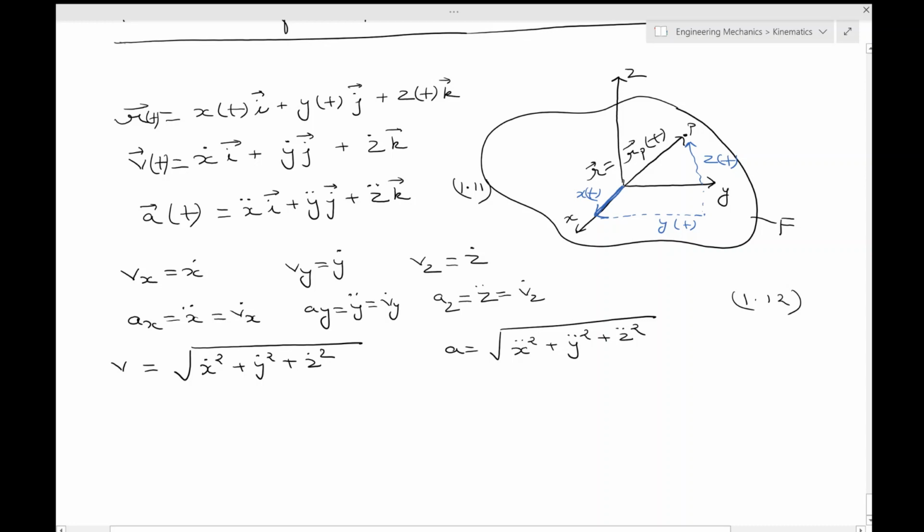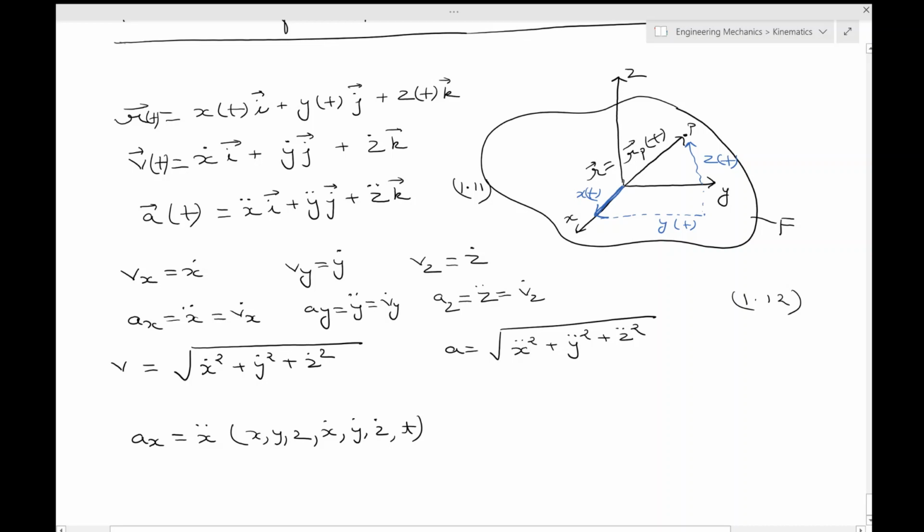Okay, in general, ax equal to x double dot may be a function of x, y, z, meaning the position at which the material point exists, and the x dot, y dot, and z dot along with time. So this is the most general form.